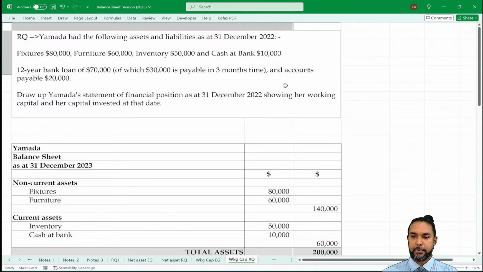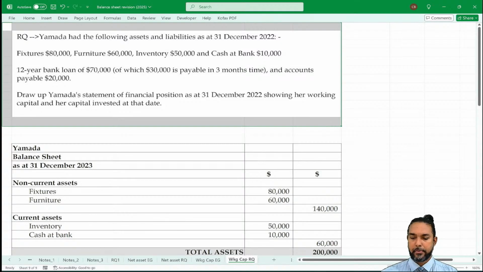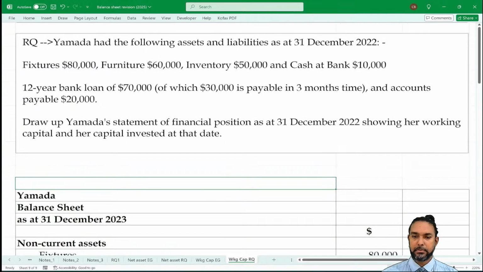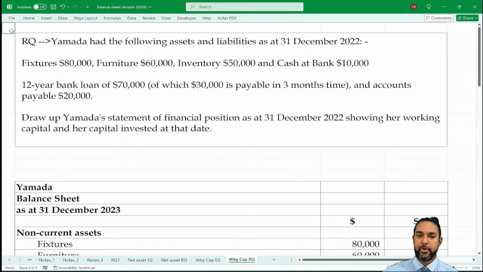All right, so this is your question here. Let's zoom out a little bit. So you have to do a balance sheet. Again, it's the same information as the previous question, not the example, the question. I'm going to send it in the chat as well.